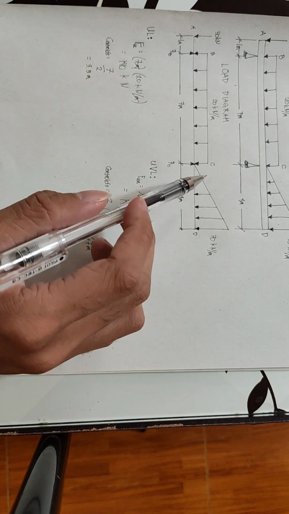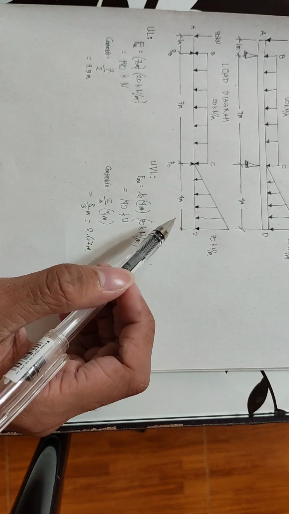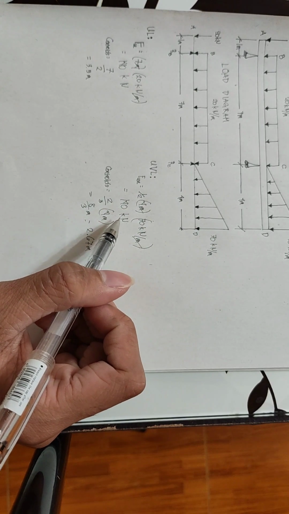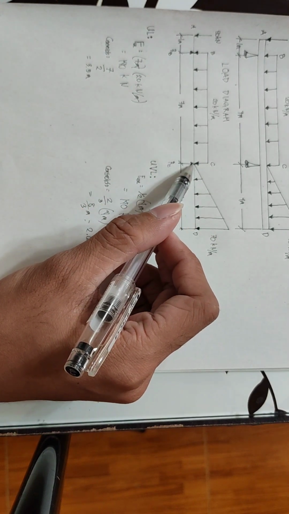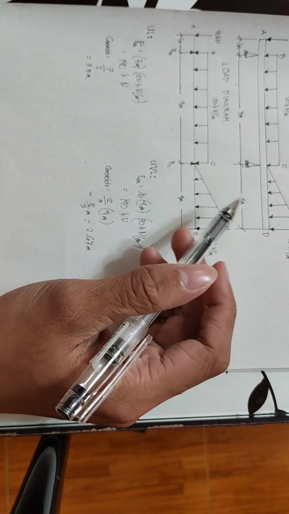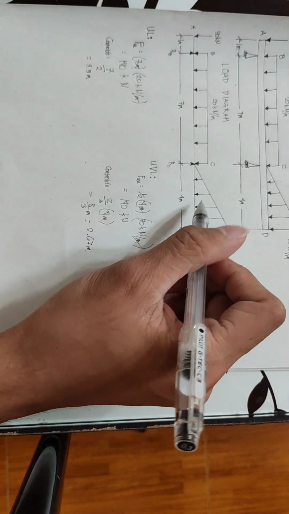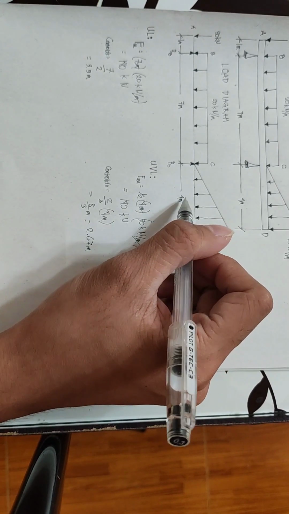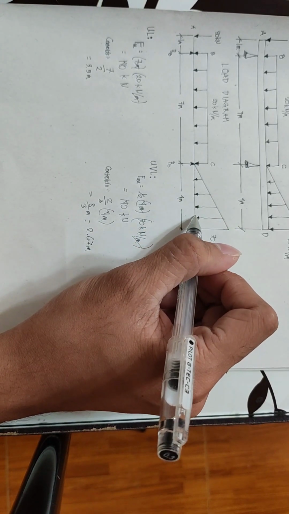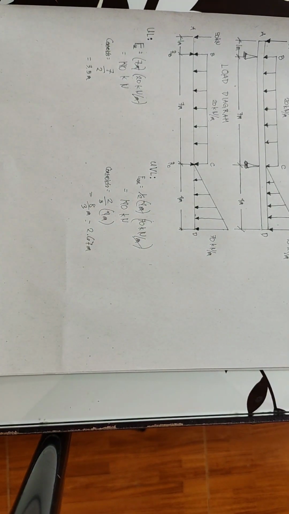And so this force here, the uniformly varying load, has 140 kilonewton, and its centroid, if we start here, is 2.67, somewhere around here, because half of 4 is 2, so it's located here. After that, we're going to draw a free body diagram.